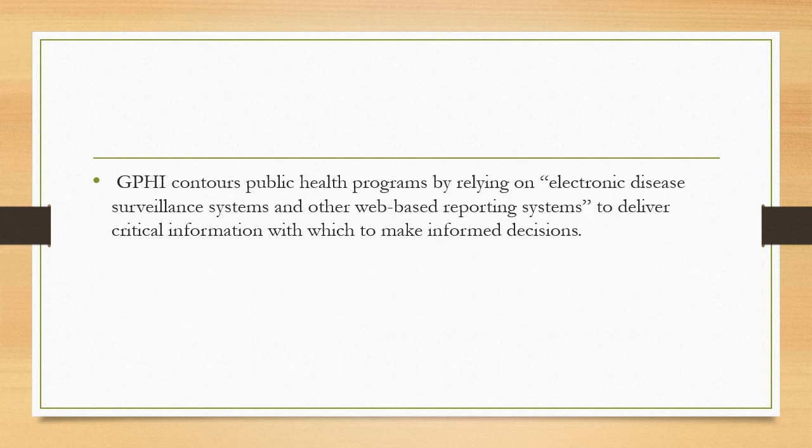So, one of the examples of global health informatics is global public health informatics. It continues public health programs by relying on electronic disease surveillance systems and other web-based reporting systems to deliver critical information with which to make informed decisions.